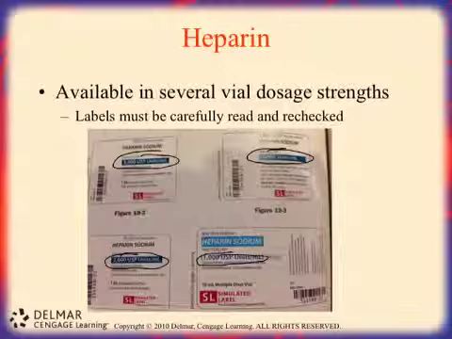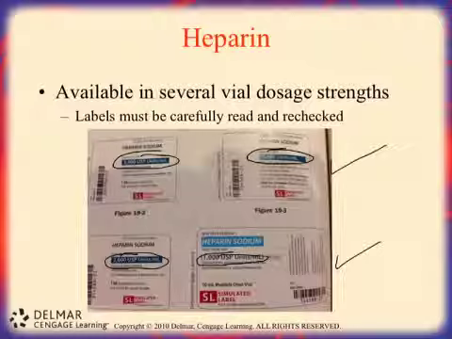So you can see that if you wanted 1,000 units per ml and you grabbed a 10,000 units per ml vial, that could have serious consequences for the patient.